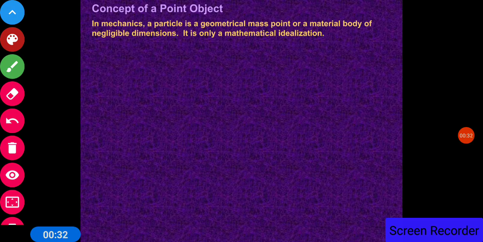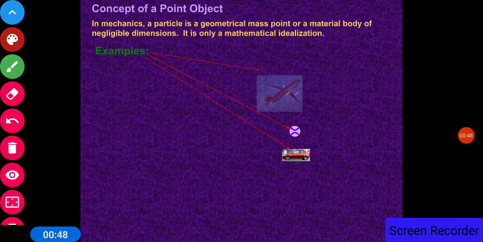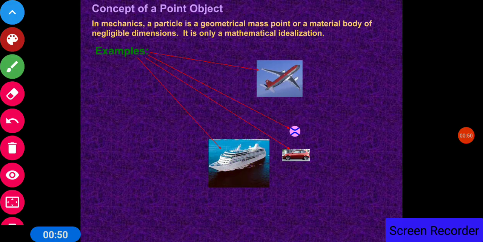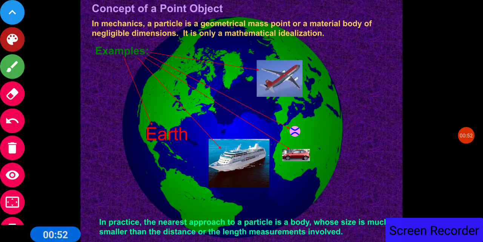Now, concept of a point object. In mechanics, a particle is a geometrical mass point or a material body of a negligible dimension. It is only a mathematical idealization. For example, ball, car, aeroplane, ship, and earth.